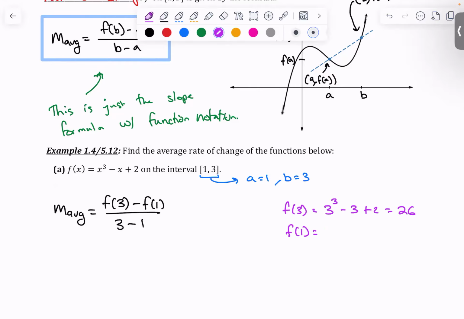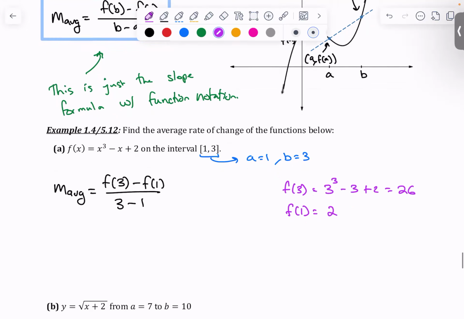That's going to be 2. So we have f of 3, we have f of 1, we have everything we need. This is equal to 26 minus 2 over 2, which reduces down to 12.